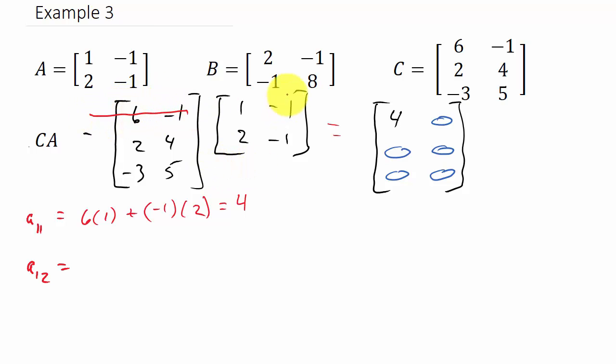So I have first row times second column. So 6 times negative 1 plus negative 1 times negative 1. And that's negative 6 plus 1, which would be negative 5.